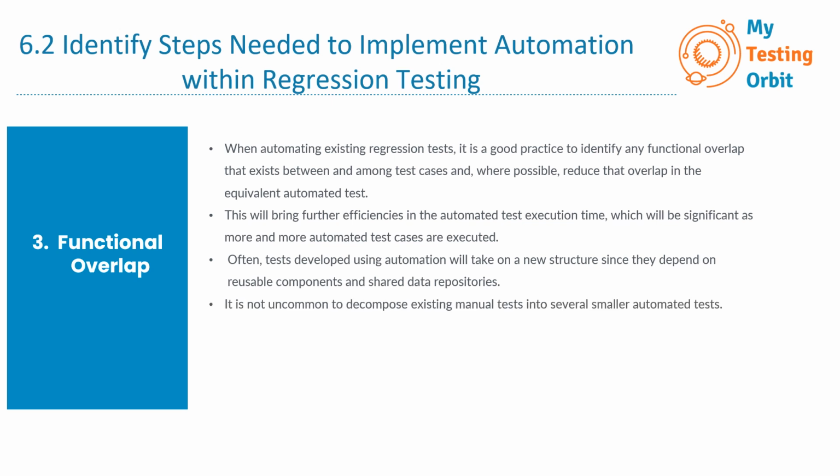It is quite usual to break down or divide larger manual tests into multiple smaller automated tests. When you are transitioning from doing any larger tasks manually to automating them, it's often beneficial to split these larger tasks into smaller, more manageable parts.